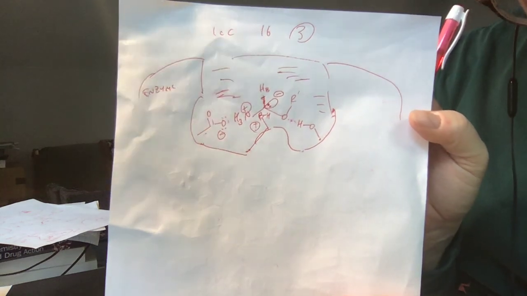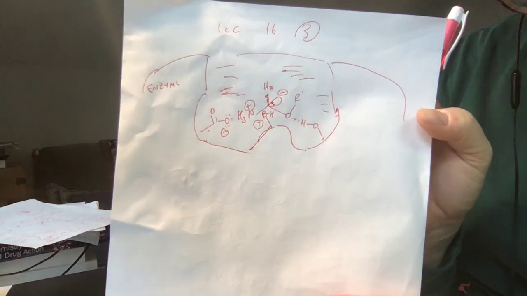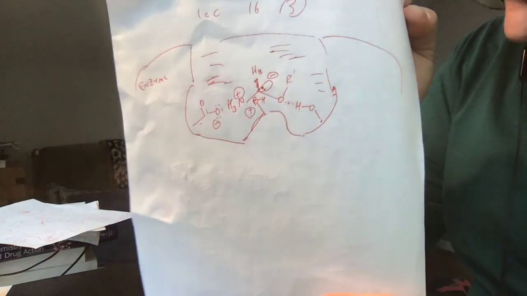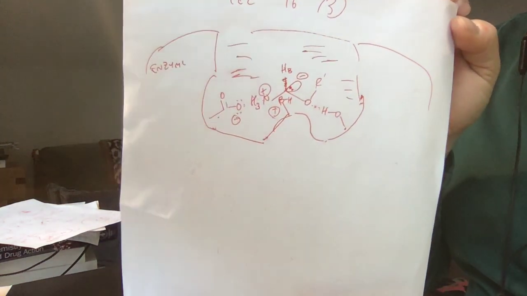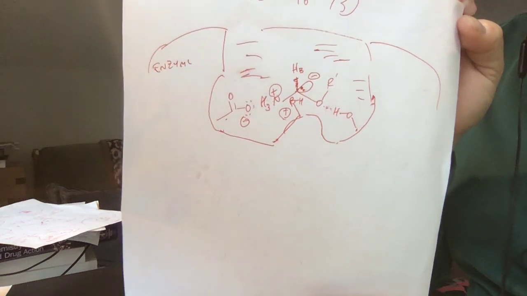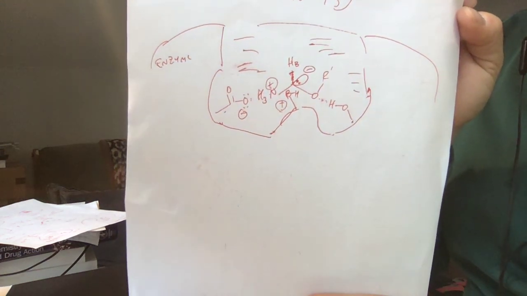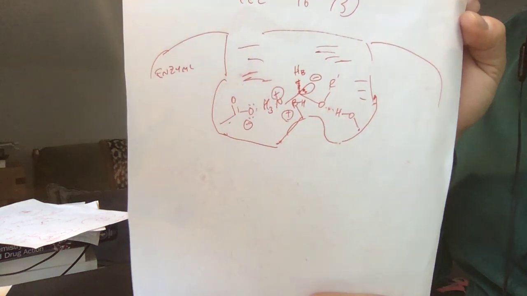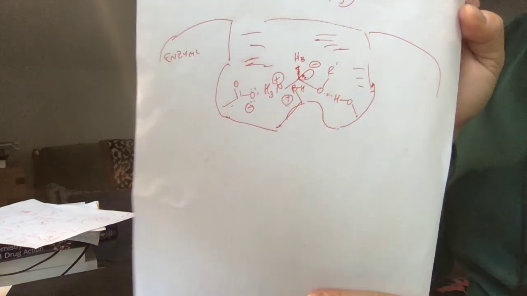So you see that now that base has got an H on it, and where HA was has been deprotonated, so there is that minus charge there. So the proton got removed and there's that minus charge there. And so this could react with some other electrophile.